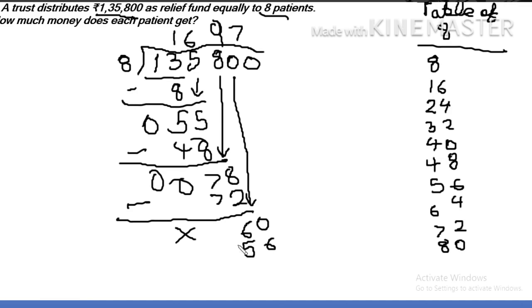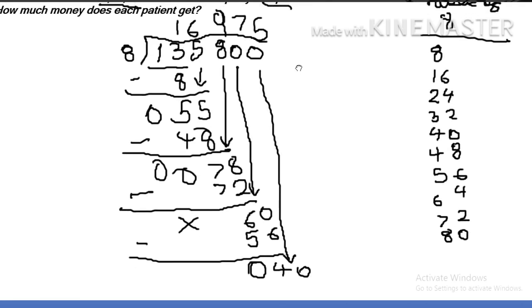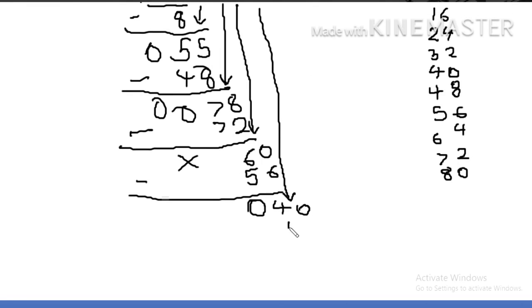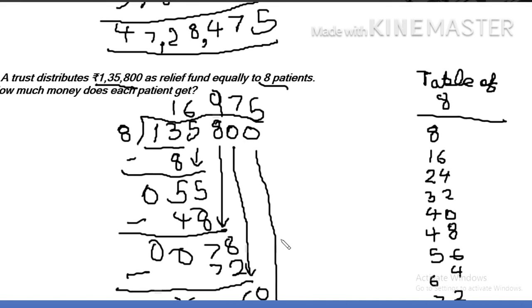Now let's borrow. So this will be 4 and 0. Then 0 will be copied. 40, and 40 will go 5 times in the table of 8. So there will be nothing left.